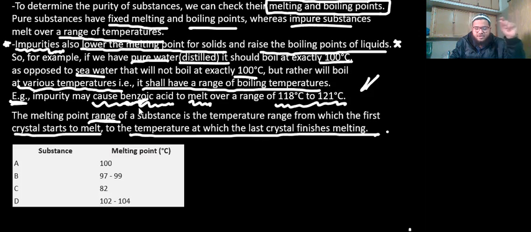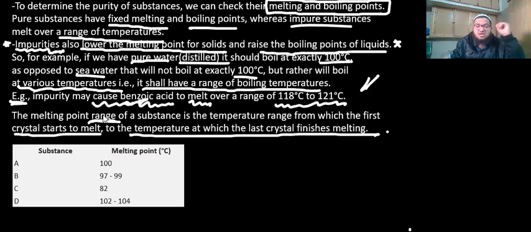Now, the first crystal of ice, as soon as it starts melting, that's the very first temperature, and you record that. As the melting process continues, and as soon as the last crystal finishes melting, you record that temperature as well, and you'll find a vast difference between the two temperatures. The temperature won't stay constant. Okay, this is what the range actually means.